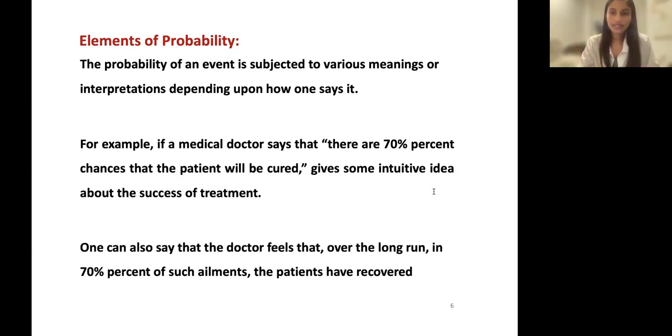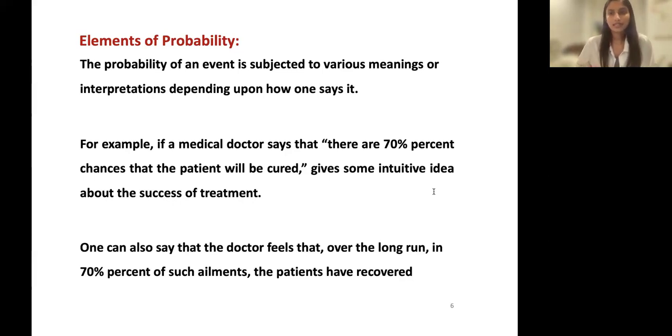Now, what are the different elements of probability? The probability of an event is subject to various meanings and interpretations depending on how somebody says it or how they want to use that information. For example, if a doctor says that there's a 70% chance that a patient will be cured, what does this tell us?